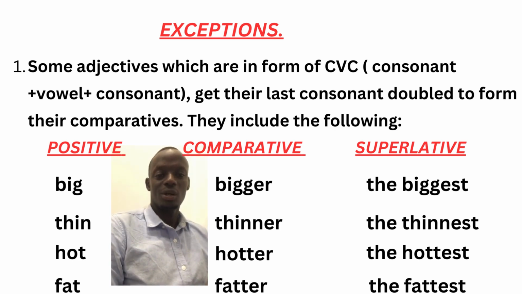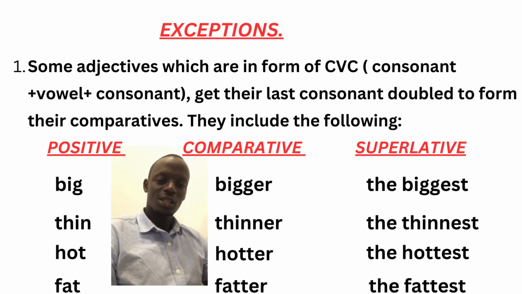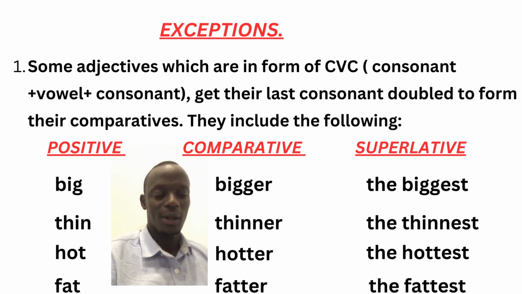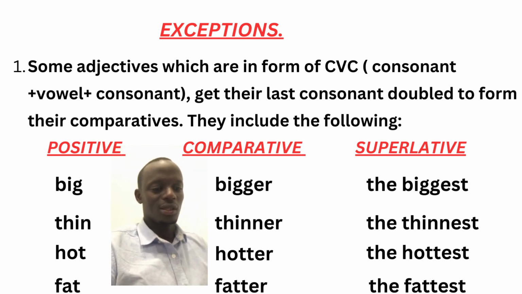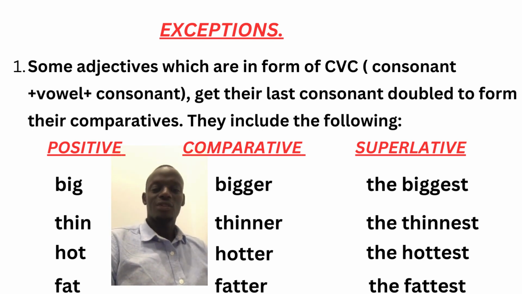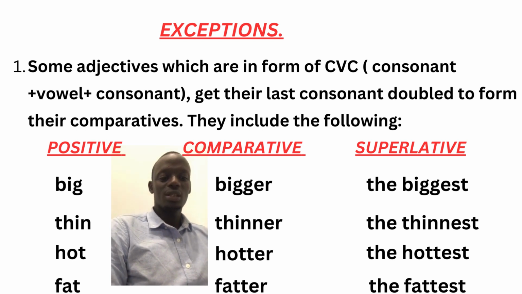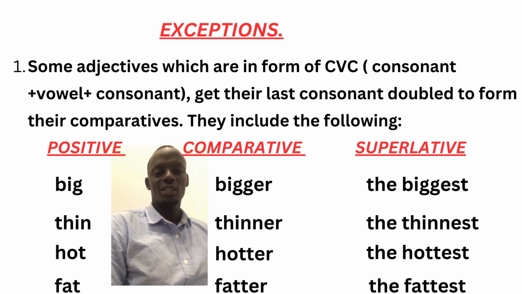If we need to add the ER, we first have to double the last consonant, then we add ER. If we need to put in a superlative, we first double the last consonant and then we add EST. Okay? You can see from your screen some examples, like big, thin, hot, fat, among others.